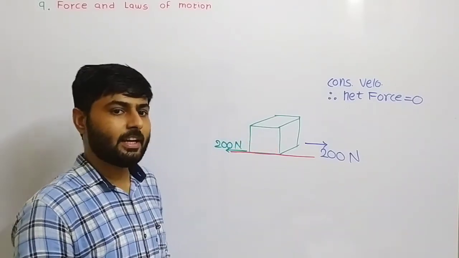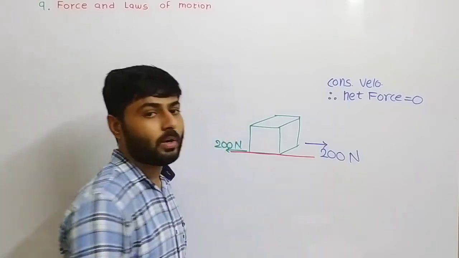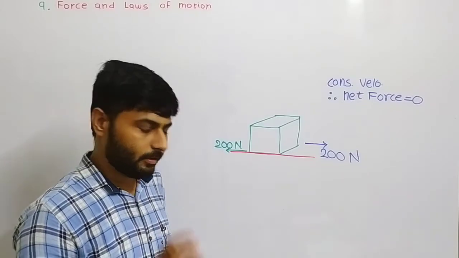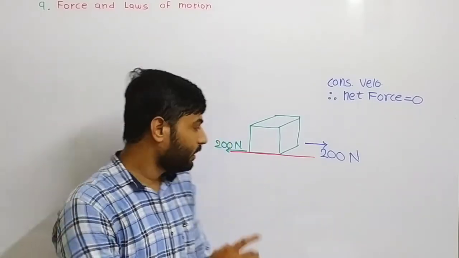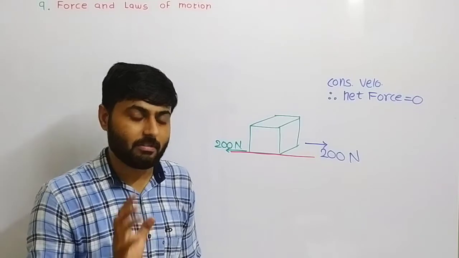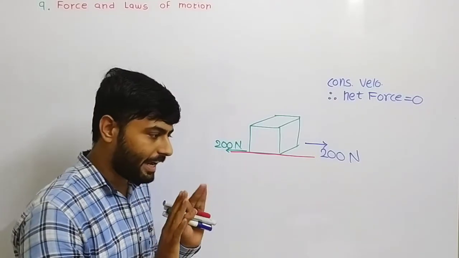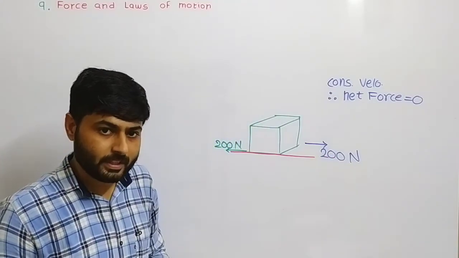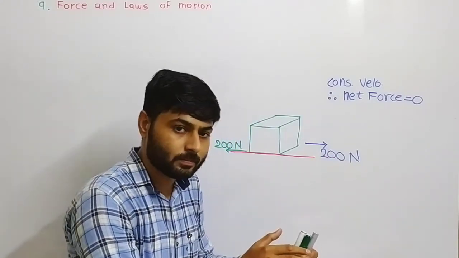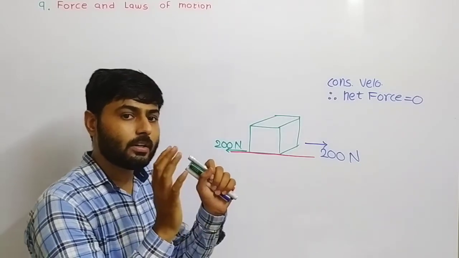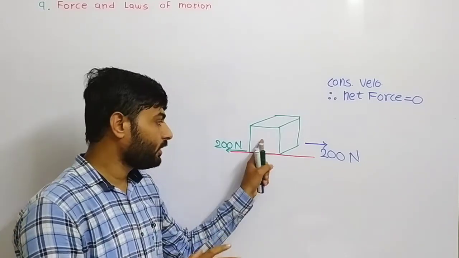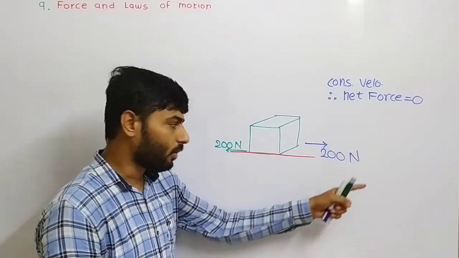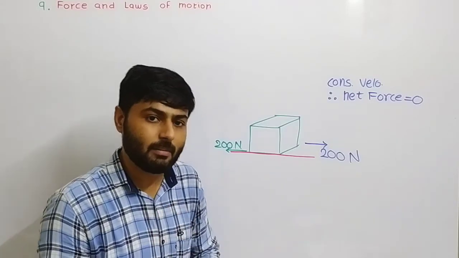Then only I have to apply 200 Newton to continue its constant velocity, so the answer is 200 Newton. It means there is some force which opposes the motion of this block, so that force will be opposite and of equal magnitude.